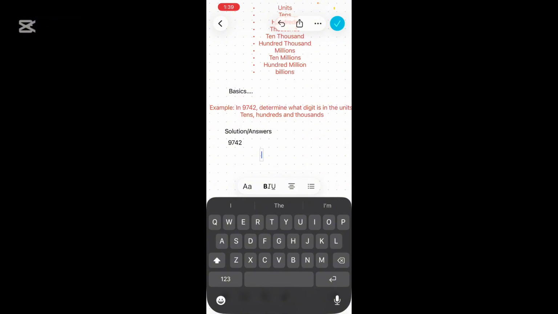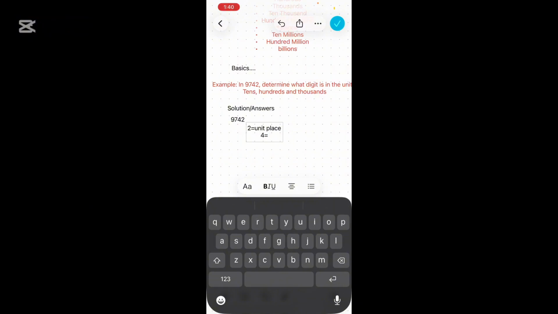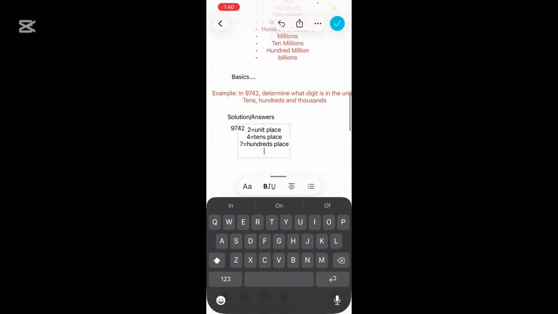Following our list, you'll see that the digit 2 is in the unit place or unit position, whichever you best understand. 4 is in the tens place. 7 is in the hundreds place. And 9 is in the thousands place.